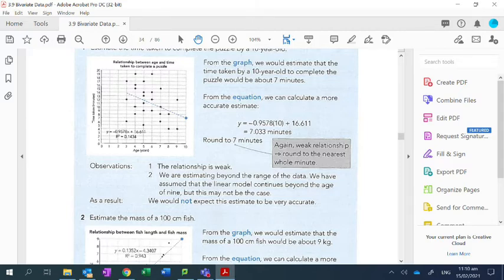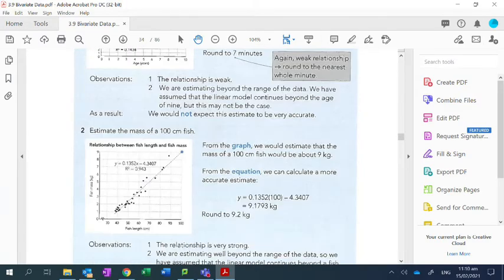Okay? So make sure you're careful when you're dealing with extrapolation. You're pushing things into the future that might not exist. Okay? The future can change. All right. As a result, we would not expect this estimate to be very accurate. Right? In other words, it may not even exist at all. So it can't be very accurate if it may not even exist.